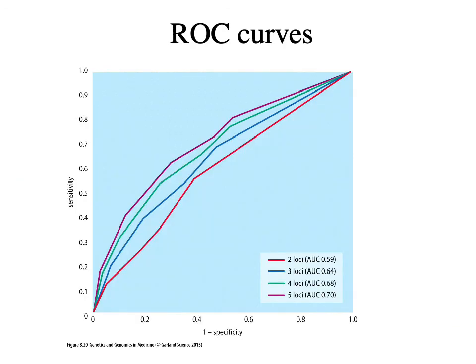Predictive accuracy of testing for multiple genetic susceptibility factors in complex disease. A receiver operating characteristic, or ROC curve, plots sensitivity against specificity for a test. The figure shows ROC curve simulations with 2, 3, 4, or 5 independent disease susceptibility factors.